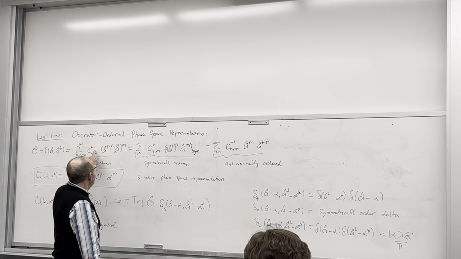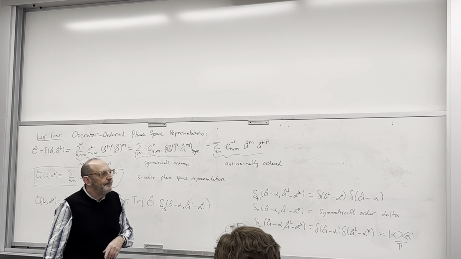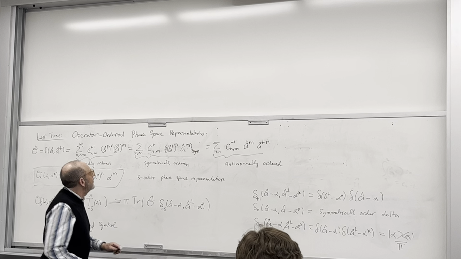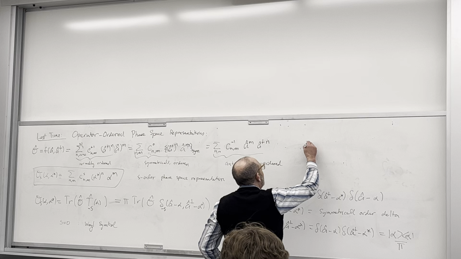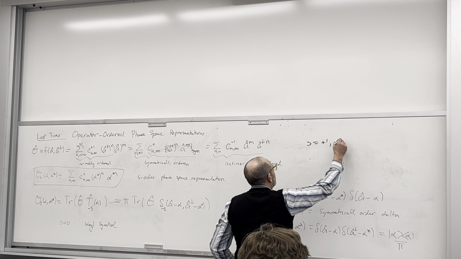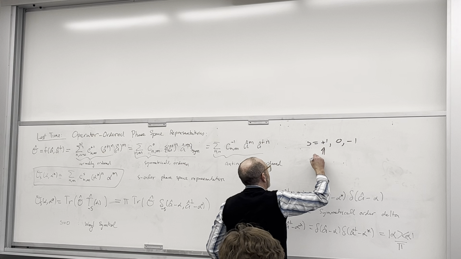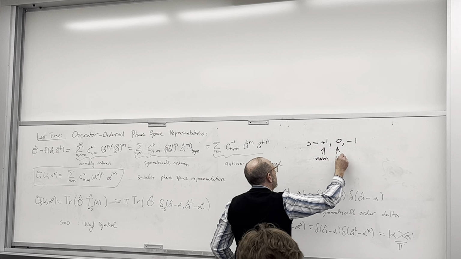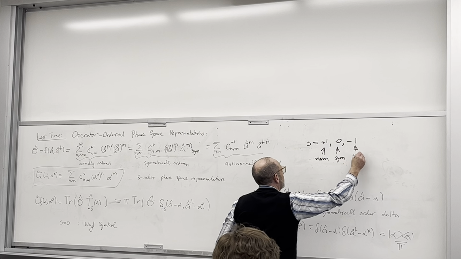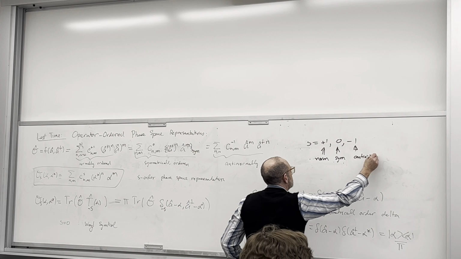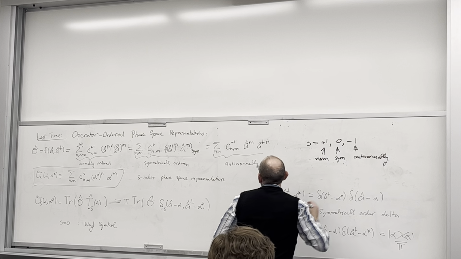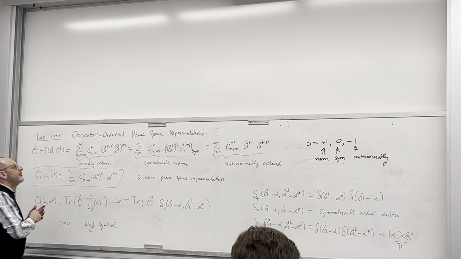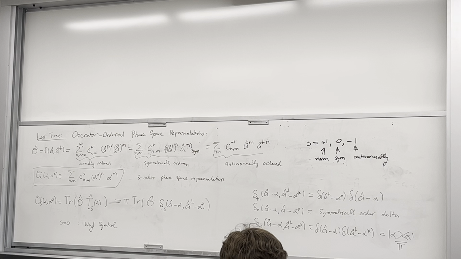So these coefficients, which I'm calling C_S, where S can be +1, 0, or -1 for normally ordered, symmetrically ordered, or anti-normally ordered, are different coefficients, okay?